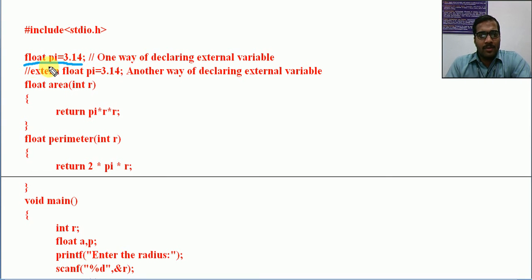Now just remember, whenever we declare a variable outside of all functions, like a global variable, by default the value 0 will be initialized.